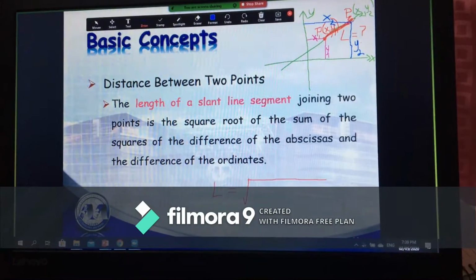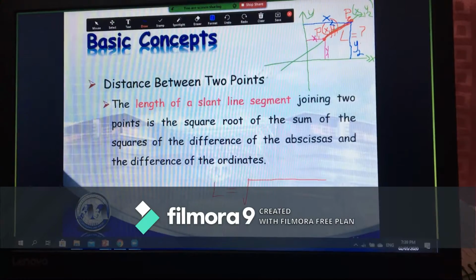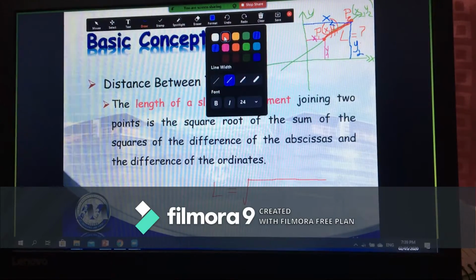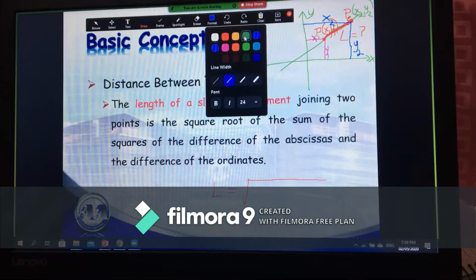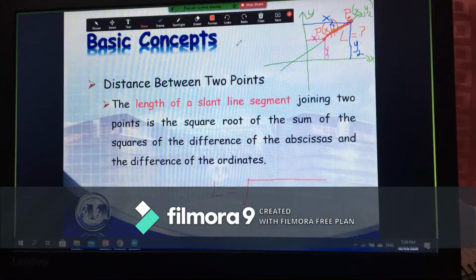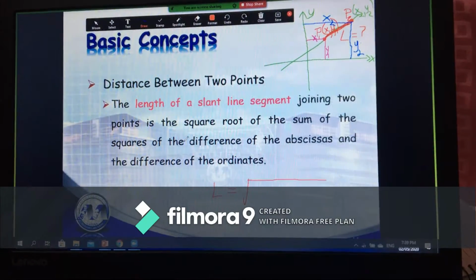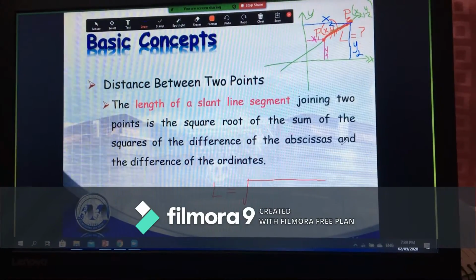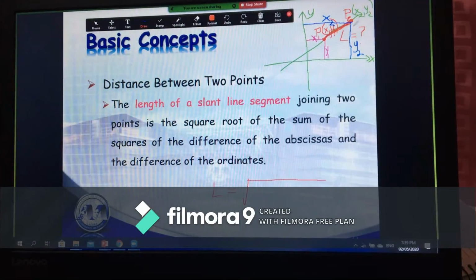segment, ito yung L, no, length, is equal to the square root of the squares of the difference of the abscissas. Difference of abscissas class, we have the abscissas here, x1 and x2.